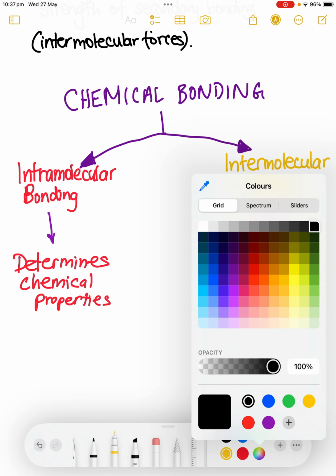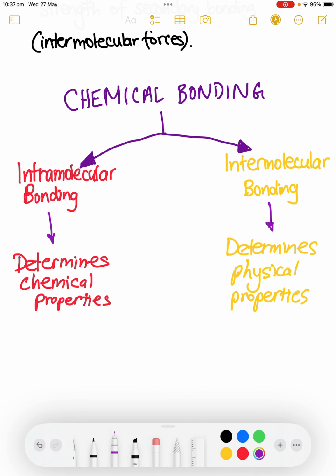Okay, back to purple. We can see there's two types, and remember intramolecular was between atoms in a compound. Intermolecular is between molecules.